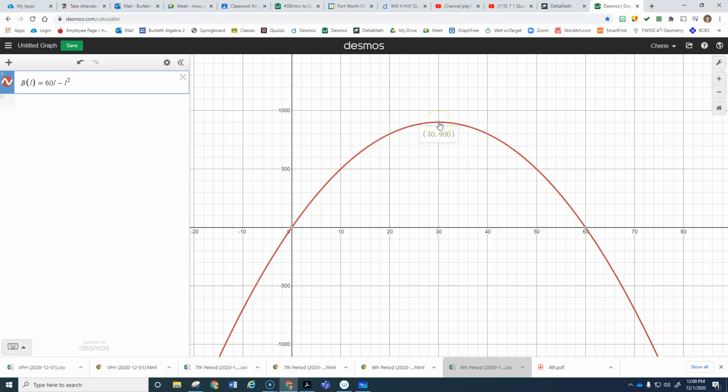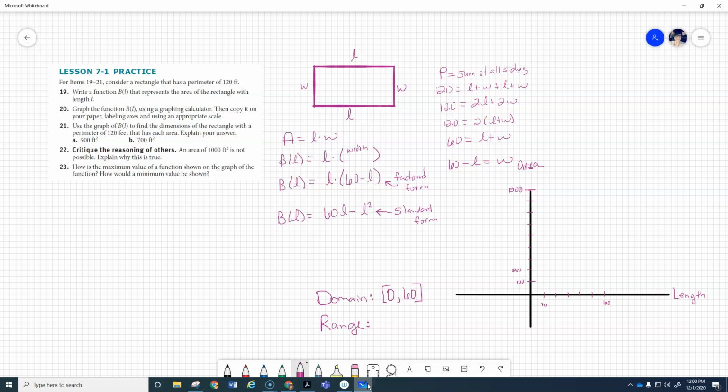If you're going to take this and graph it, you need to use some ordered pairs. We see that that's the vertex. The vertex is at (30, 900). So you'd want to go over here and graph this at 10, 20, 30, 40, 50, 60. So there's right in the middle. 900 would be right there.